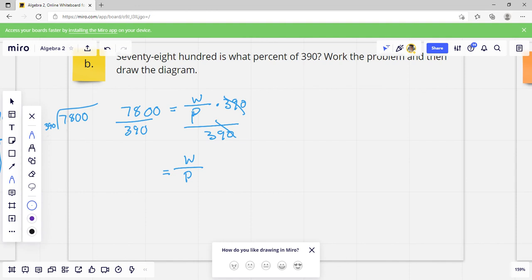I'm going to say 2 times 0 is 0. 2 times 9 is 18. 2 times 3 is 6, 7, yep, 20. Okay, so now, oh, whoops, it should be over 100. There we go. Has to be your percent over 100.